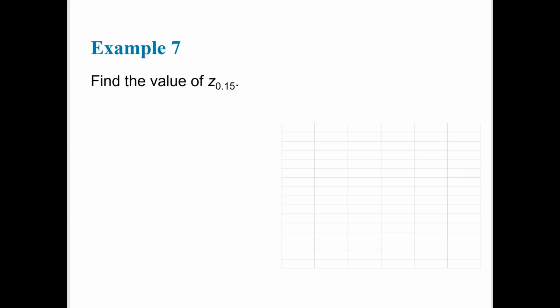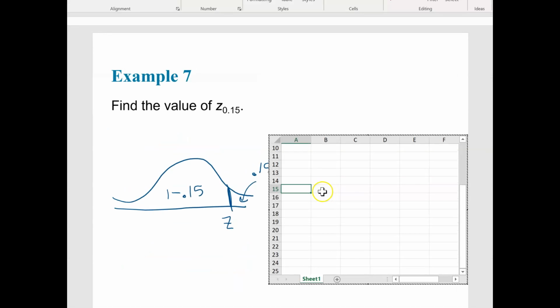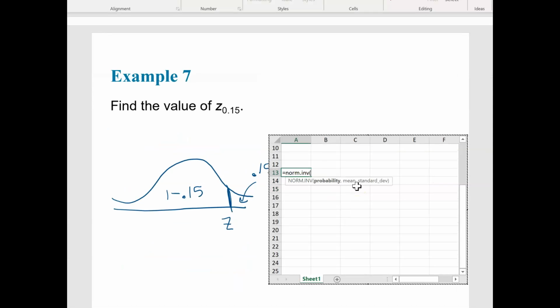All right, let's do one more. So now we've got this critical value here, and it gives me the area to the right. So this is 0.15. So this is going to be 1 minus 0.15, and that's how I'm going to be able to get the information from Excel. So I just type it in, and I'm going to hopefully do it right this time. There we go.